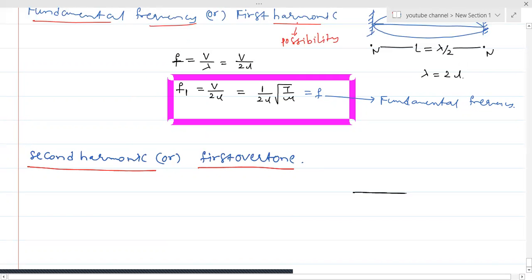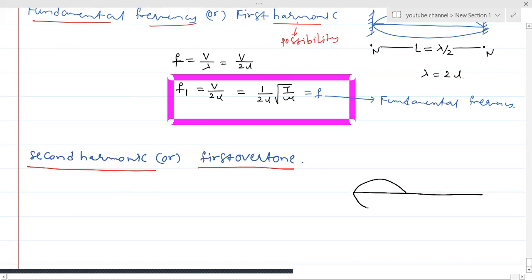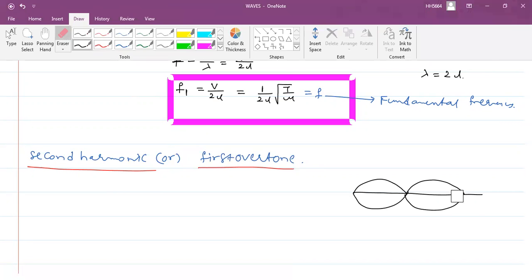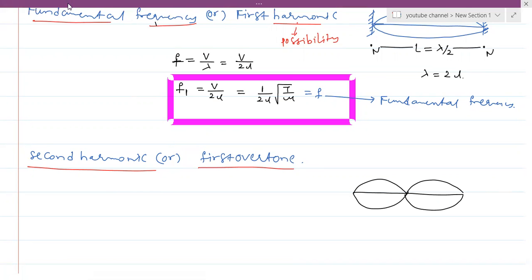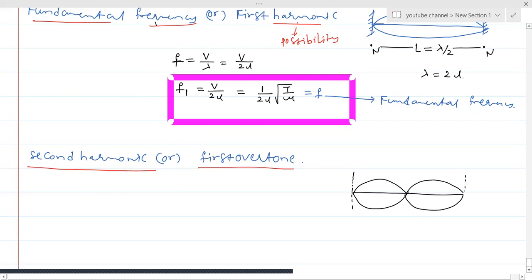If we think of a standing wave, you need to remember one beautiful thing: when the harmonic is increased, for the next possibility you are going to have an additional loop. In every next possibility, whether it is open pipes or closed pipes, automatically we have some additional loop. That is the easiest way to remember.